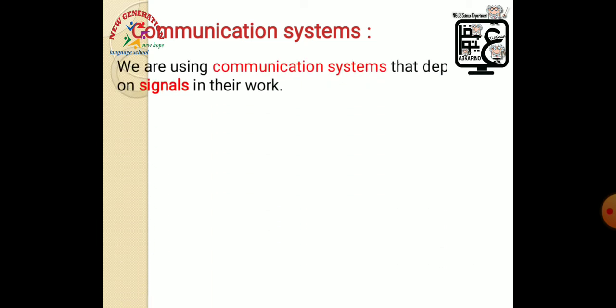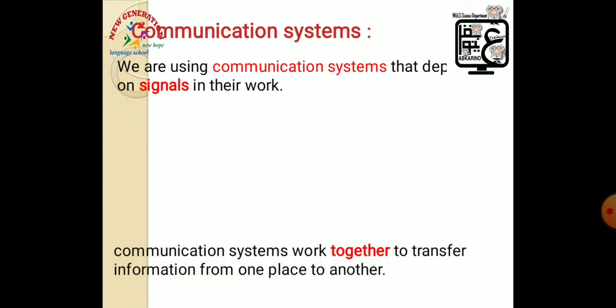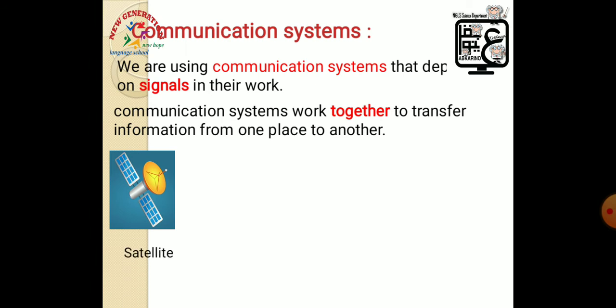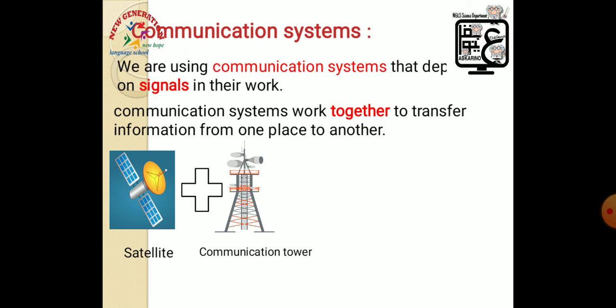Communication systems. Do you know that we are using communication systems that depend on signals in their work? Communication systems work together to transfer information from one place to another, as you see in all these pictures. Number one, satellites, and communication tower.